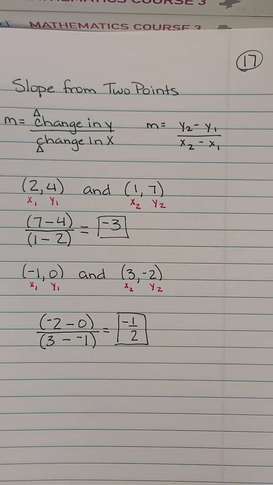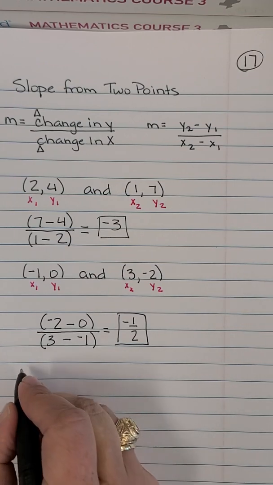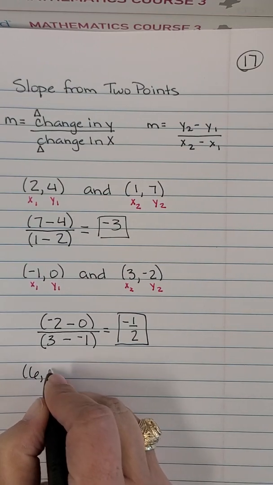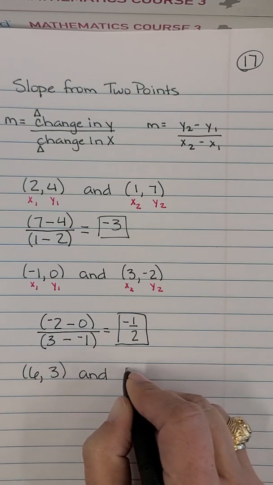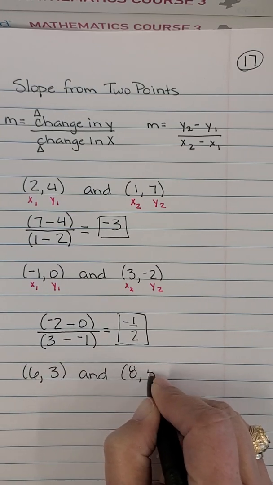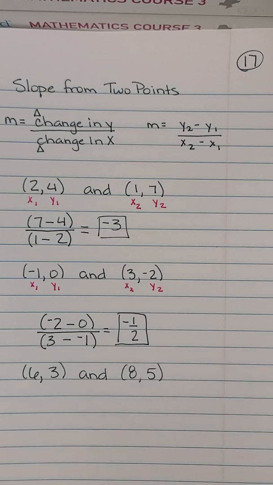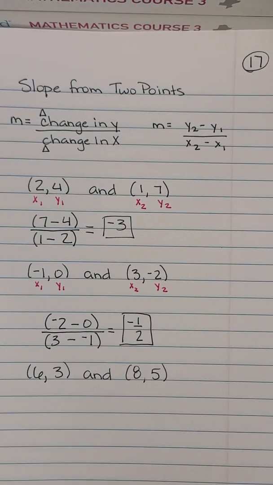All right, let's try one more. So we're going to have our first point be 6, positive 3, and 8, 5. Okay, so again, my first step is I'm going to label these.